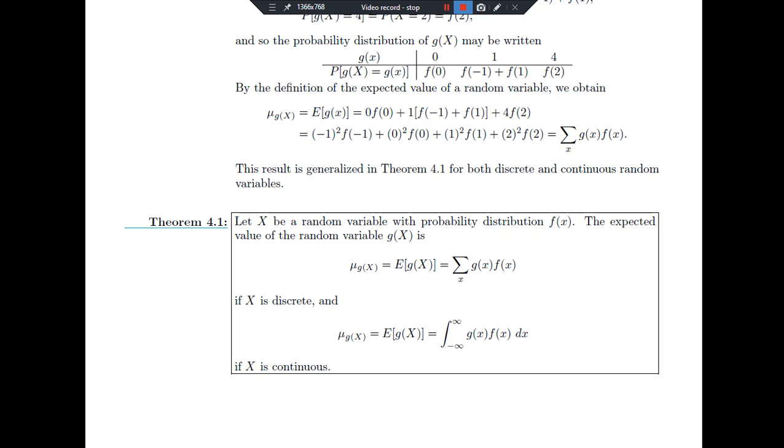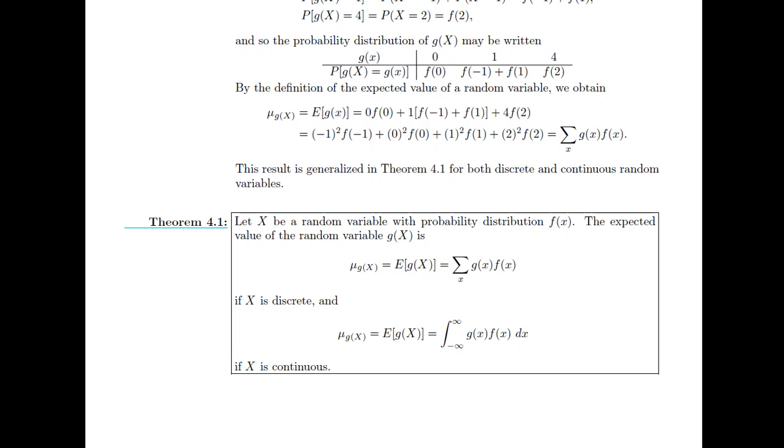As we mentioned in the last lecture, the expected value of a random variable results in the following theorem. Let X be a random variable with probability distribution f(x).